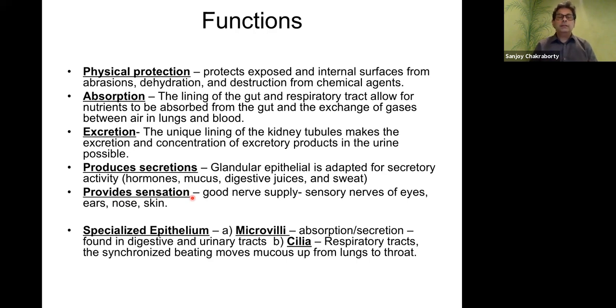On top of that, there are some specialized epithelia such as microvilli, meaning tiny extensions of the plasma membrane that increase the surface area and help absorption and secretion much better in the digestive and urinary tracts. And also there are cilia right here in the windpipe. Their cells have a lot of cilia, hair-like projections that also help the molecules move. So these are the general functions of the epithelial tissue.